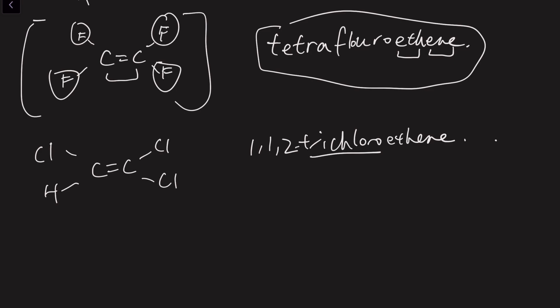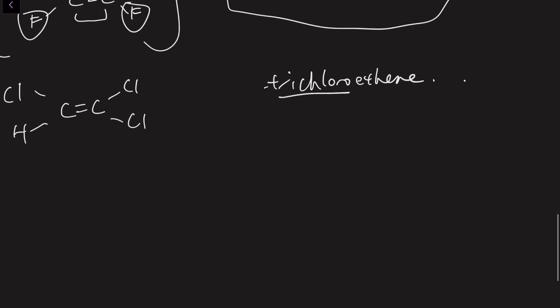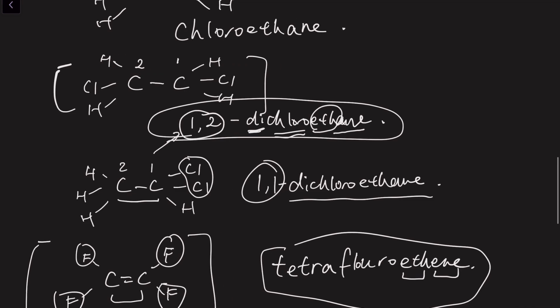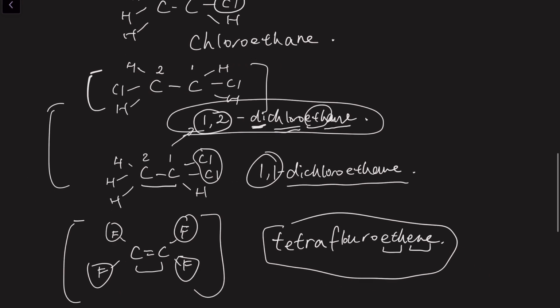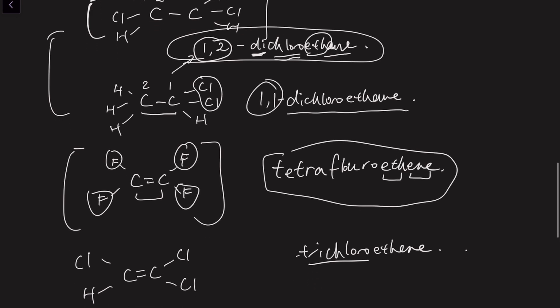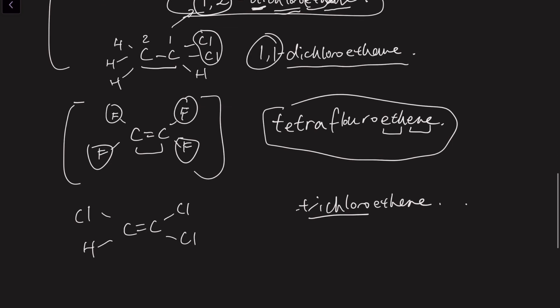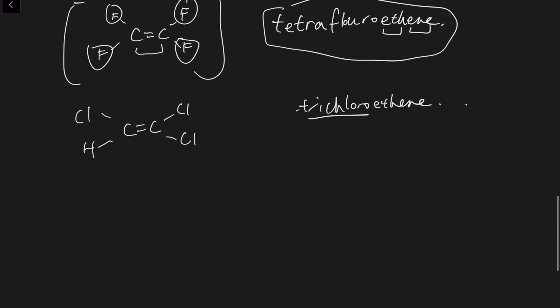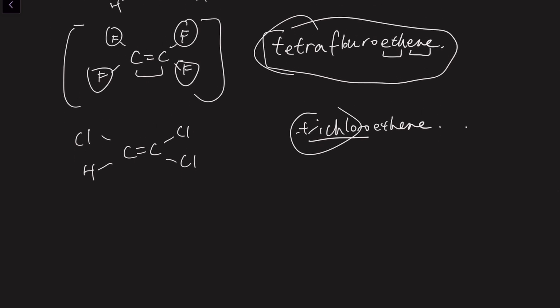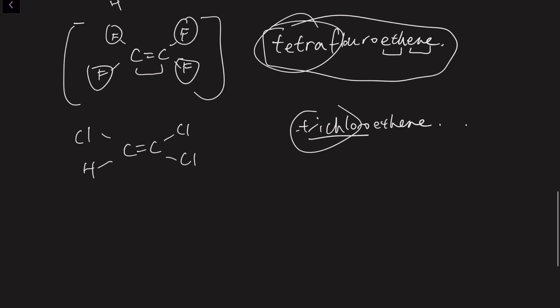So it is unnecessary to write 1,1,2. But if you only have 2 chlorine atoms, like the case before, then we need to specify the position, because there are multiple possibilities that the chlorine atoms can arrange themselves. But in the case of 3 or 4, there's only really one possibility.